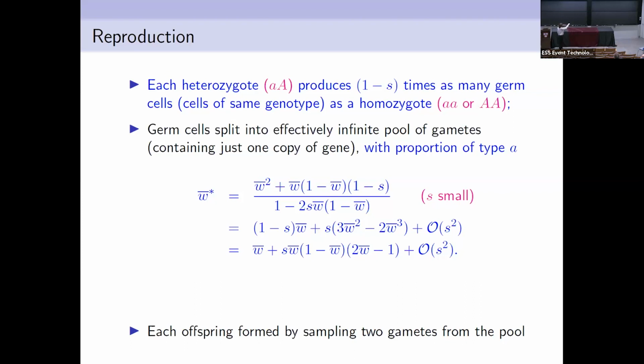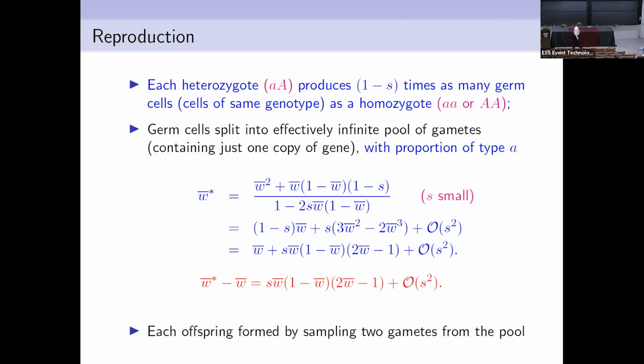And that correction of order S takes this form, and that's just algebra. So in particular, the change in proportion between the parents and the offspring is given by this expression here, okay?